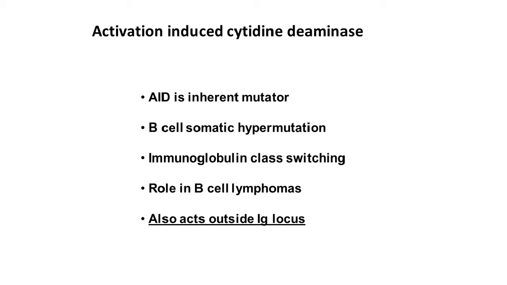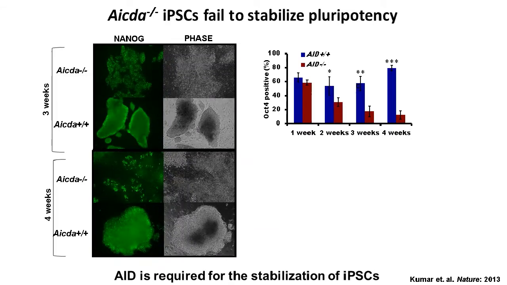The function of AID is known in B cell somatic hypermutation, immunoglobulin class switching, and various B cell lymphomas. And it's a very well-known fact that activation-induced cytidine deaminase acts outside the immunoglobulin locus. What we have shown, and have published, is that AID is required at the later stages of reprogramming.